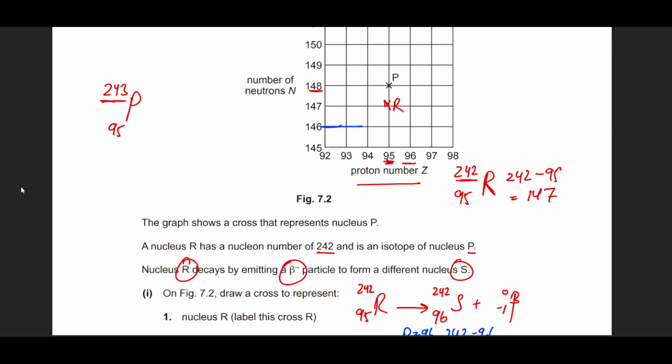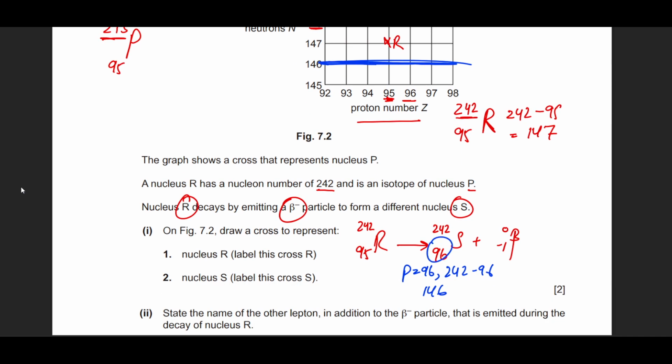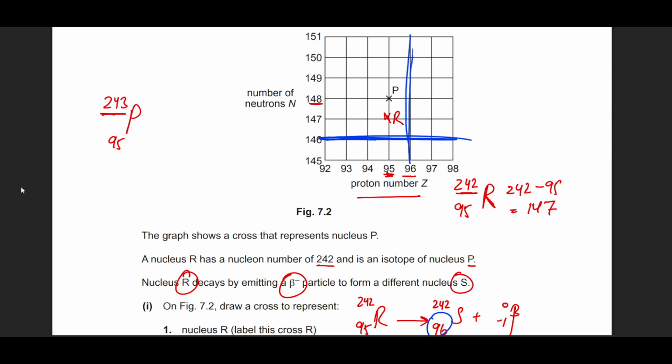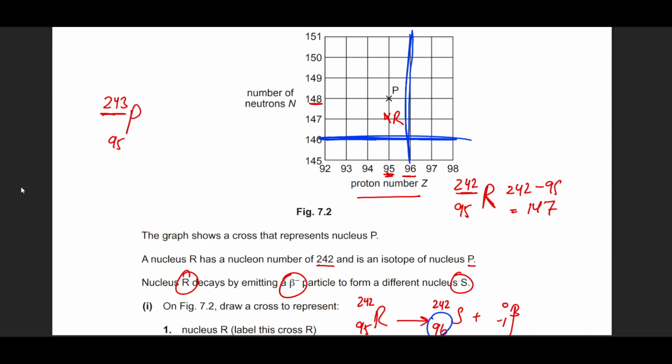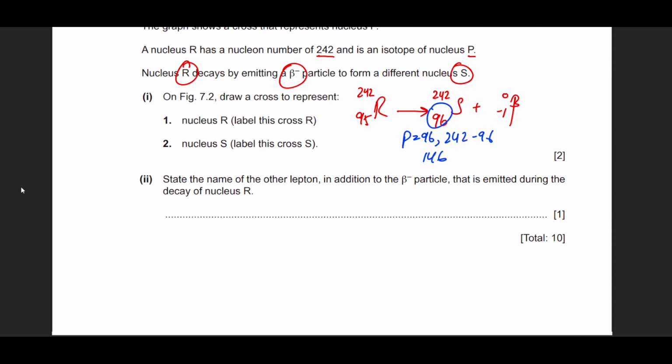This is the 146 line, and this is the 96 proton number line. So the common point of intersection lies at this location, which is very evident. This is the location, right? So let's clear this out and mark the point of that coordinate. So this is where that particle S is going to exist. All right. Let's go ahead.